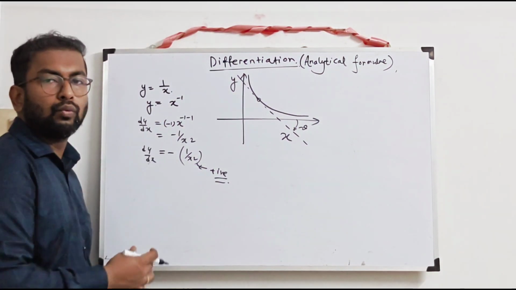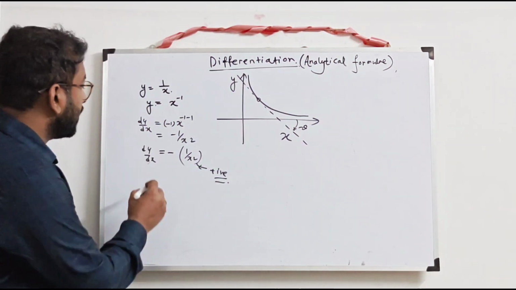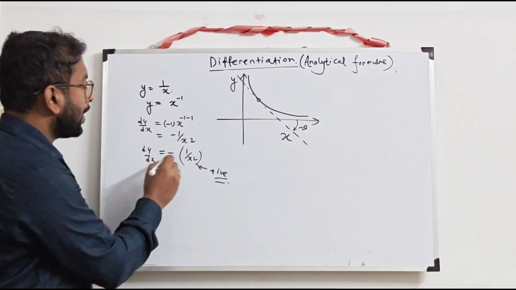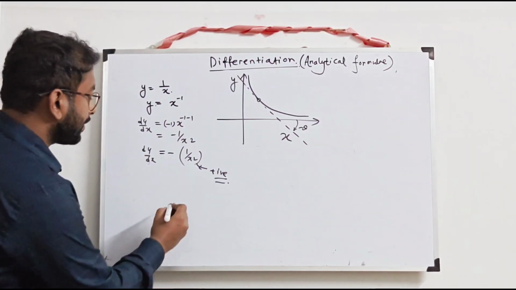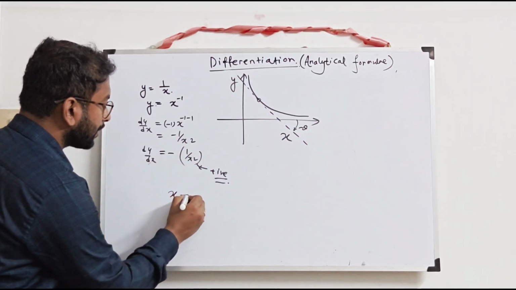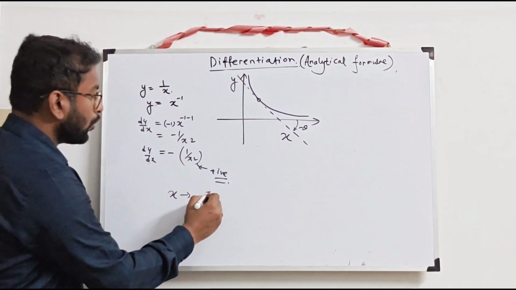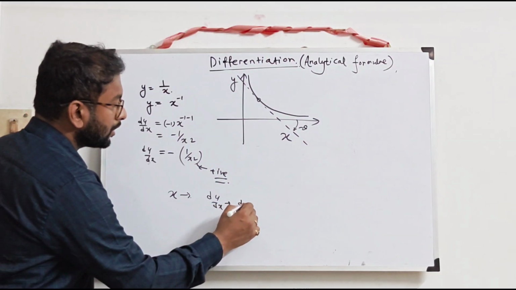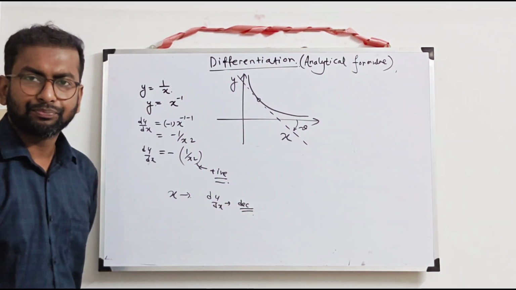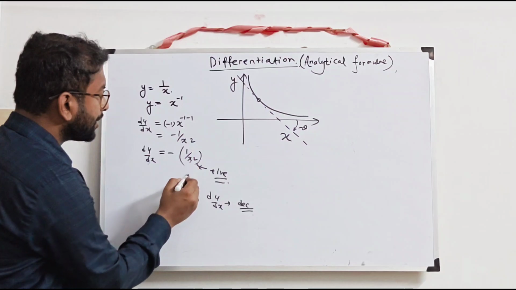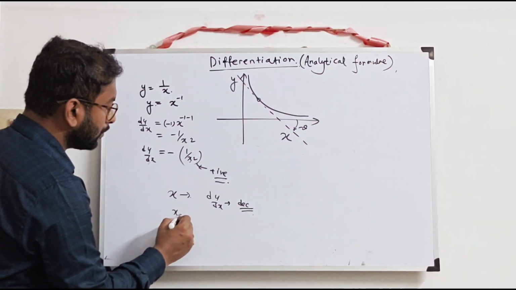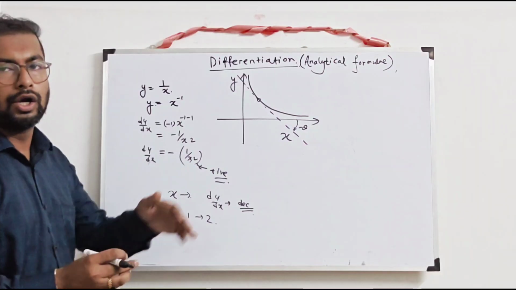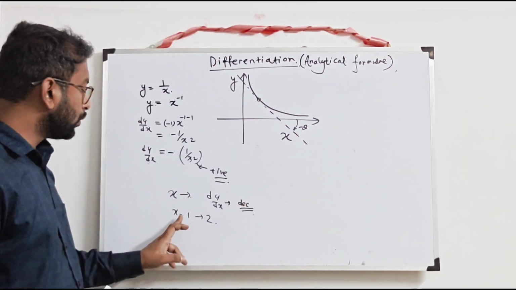Now let us see one more interesting fact here. dy/dx, the slope of the tangent or slope of the graph at any point, is minus 1 upon x square. That means if I increase the value of x, the slope will decrease, right? Because if I increase x from 1 to 2, at x equal to 1 it will be steeper compared to x equal to 2.